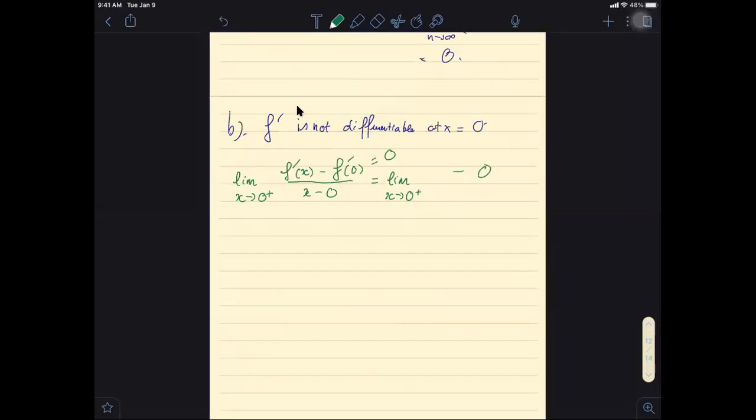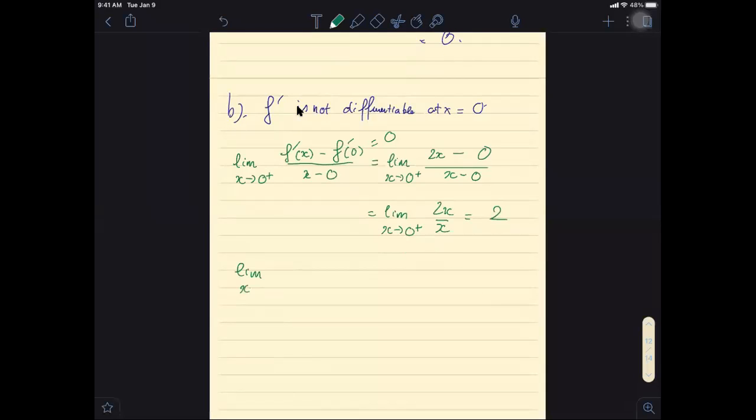Then f prime of x when x approaches 0 from the right is 2x, over x minus 0. So the limit from the right of 2x over x is equal to 2.